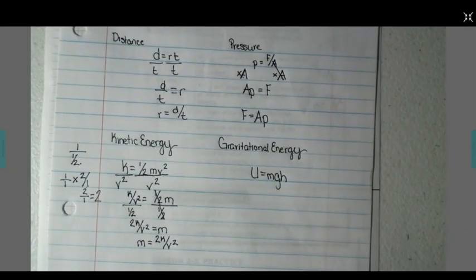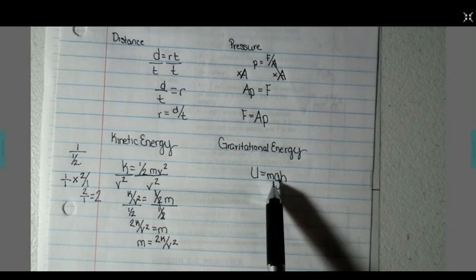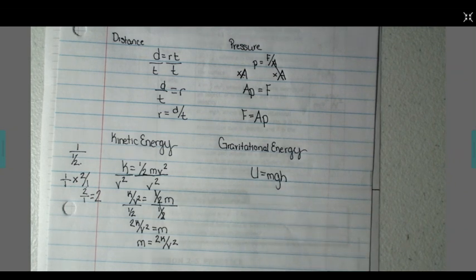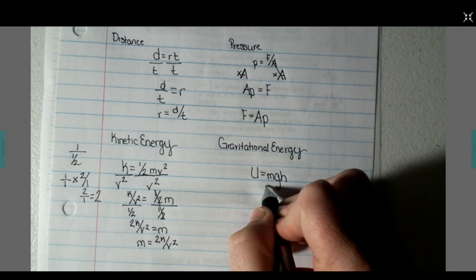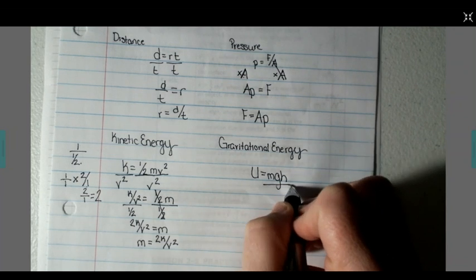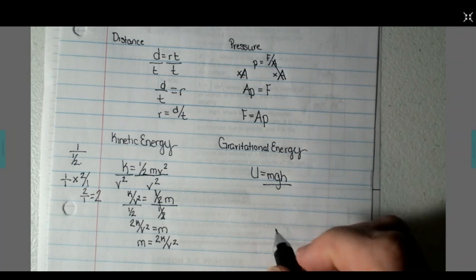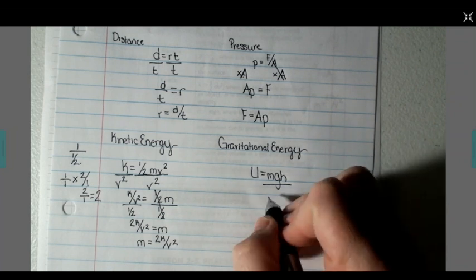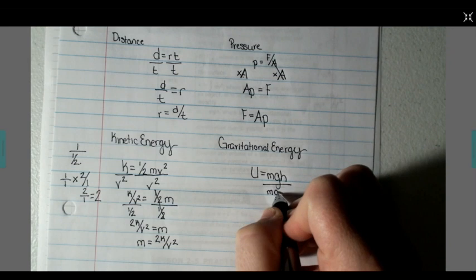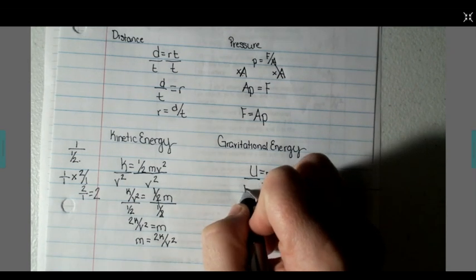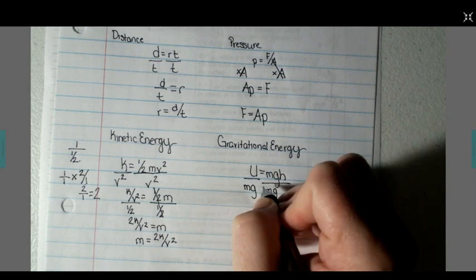So my term is isolated, but my variable is not isolated. So I need to isolate my variable. Well, right now, m, g, and h are all being multiplied together. So if I want to get the h by itself, we're going to use the division property of equality. And instead of doing this in a two-step, I'm actually going to do this in one step. I'm going to divide by both m and g. But remember, what we do to one side, we have to do to the other.